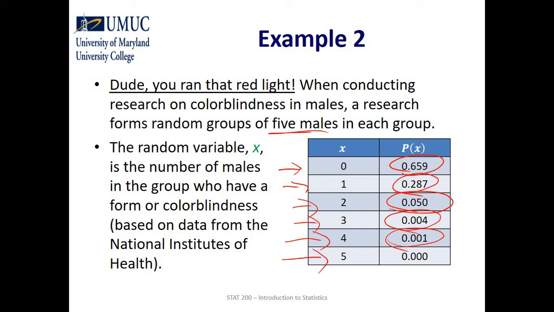In a group of 5 people, the probability that all 5 have some form of color blindness is 0.00. It's probably something like 0.000001, some very small number, but since they're only using 3 significant digits, you're just left with 0.00.